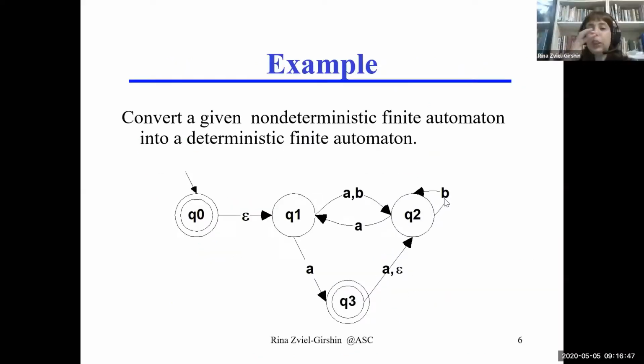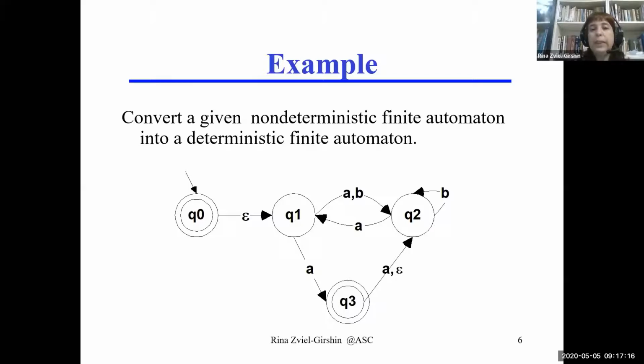The next question. You are given a non-deterministic finite automaton and you are asked to build an equivalent deterministic finite state automaton. I would like to remind you of the epsilon transition function, that you can move from one state to another without reading input. You are using epsilon transitions only.